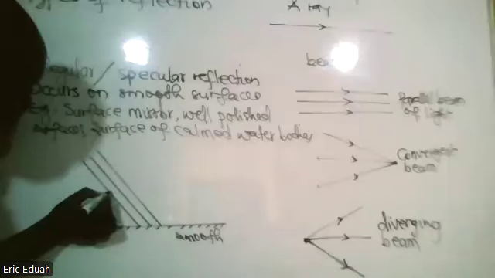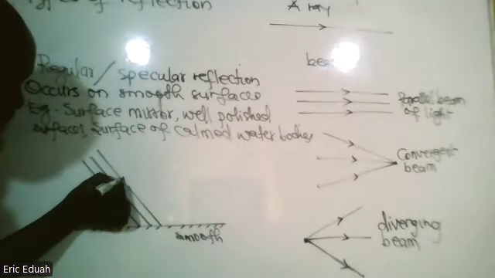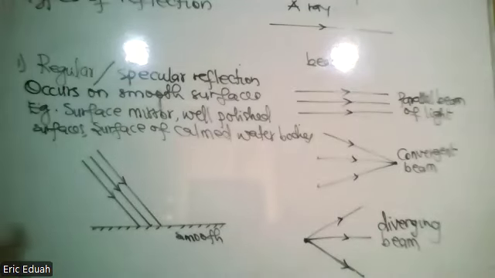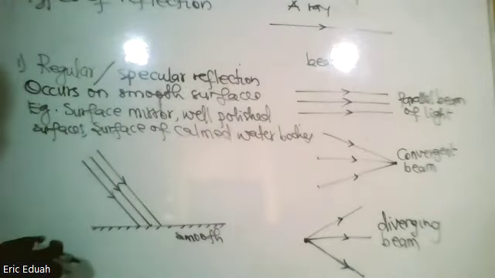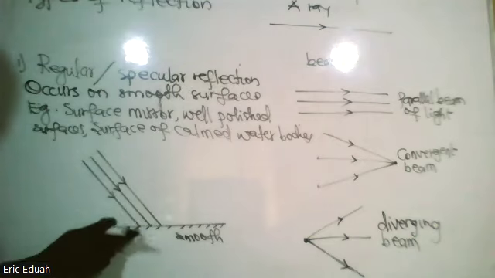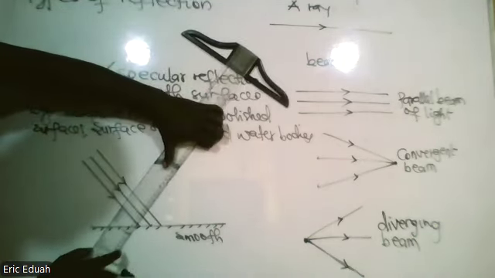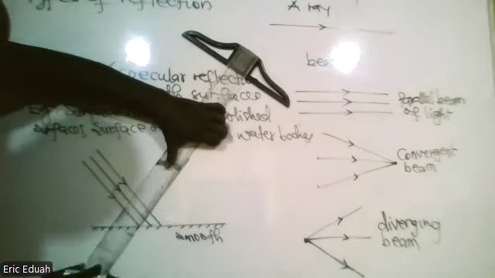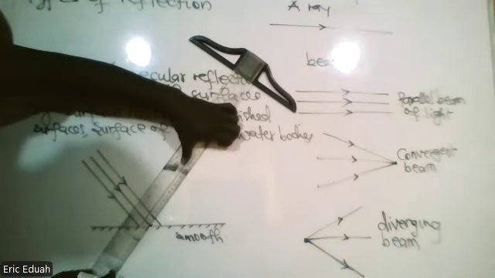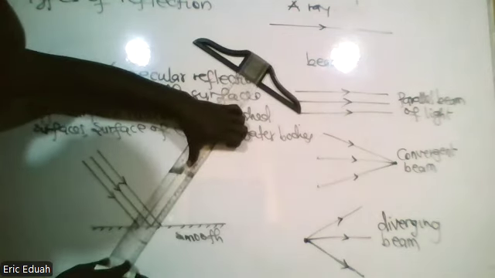Now they are incident in a regular manner. So, a regularly incident beam. Because this is a well-polished surface, when they are incident on it, they will certainly reflect because mirrors reflect. So we have the reflected beam also in that orderly, regular manner.